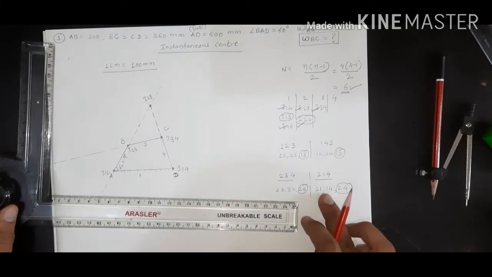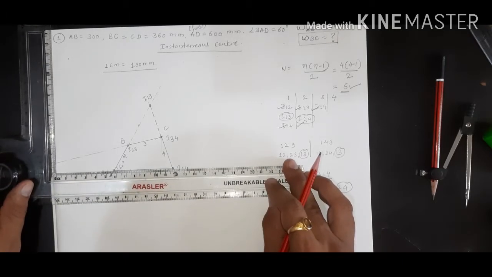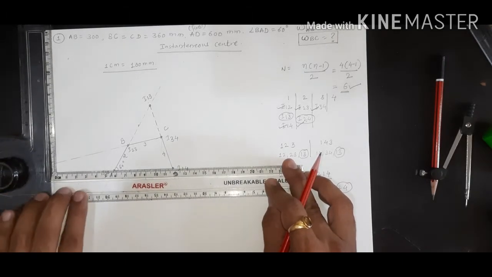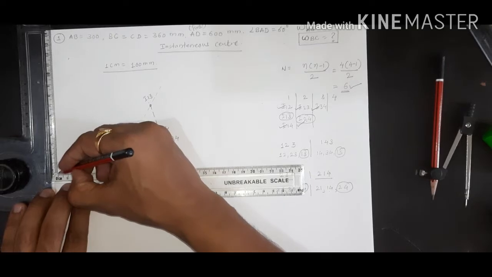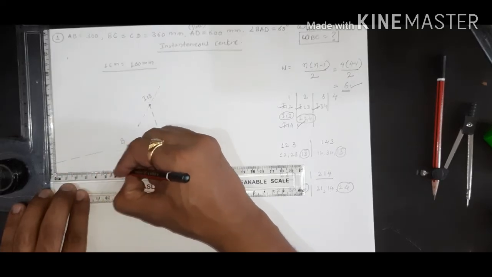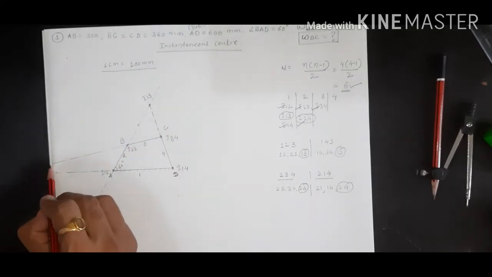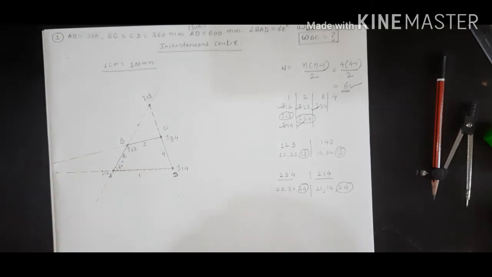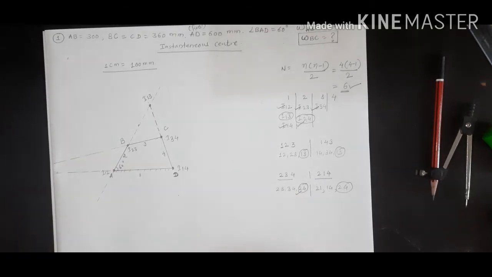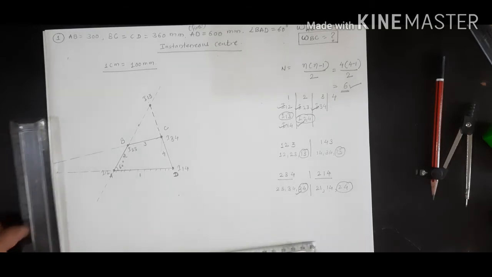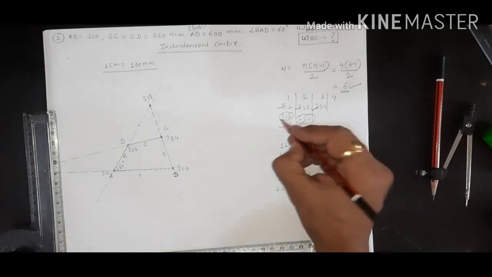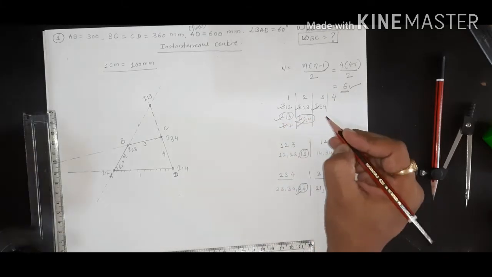Same way 2, 1 and 1, 4 will be a straight line. Wherever they merge will be my point I24. Somewhere here those 2 lines are going to merge with each other. Now this is about the location of all the eye centers.